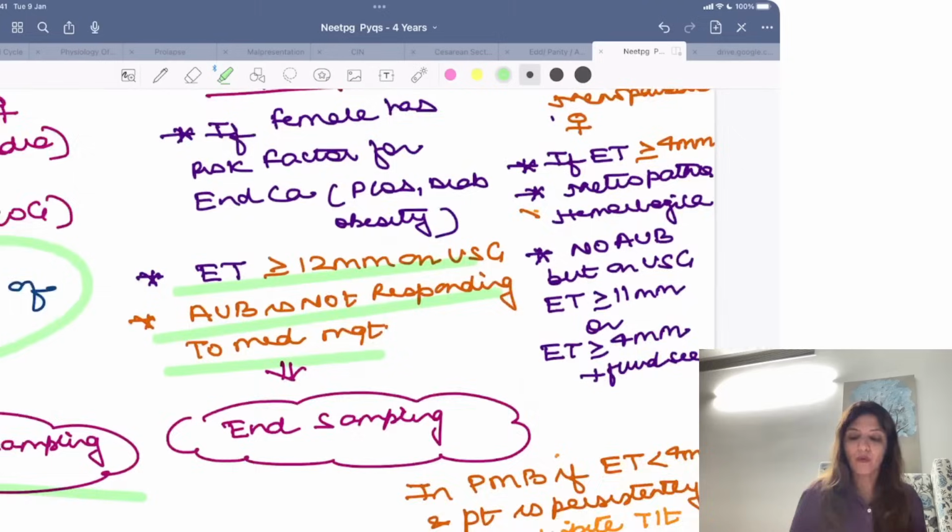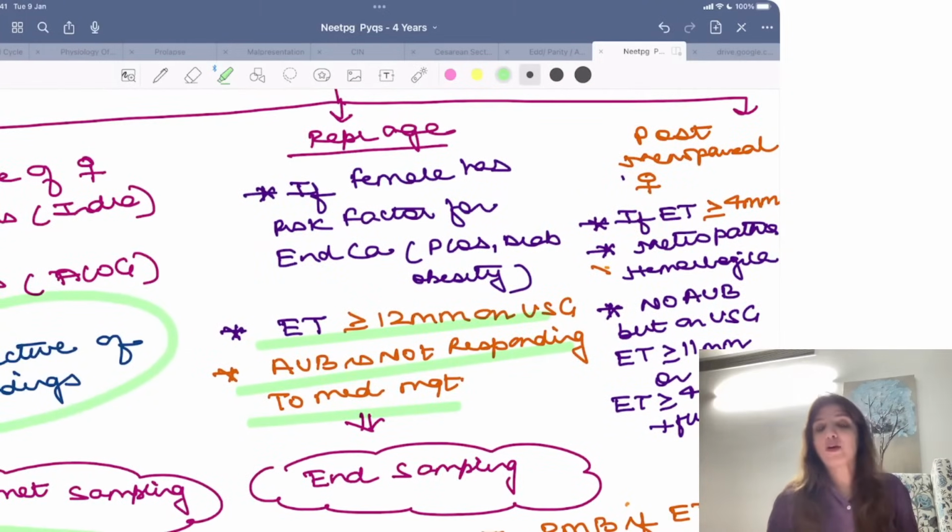Yes? Now, what do you do in postmenopausal females? In postmenopausal females, you are going to do endometrial sampling only if endometrial thickness is more than or equal to 4 millimeters. If your question says on ultrasound endometrial thickness is more than or equal to 4 millimeters, or if your question says that it is a case of metropathia hemorrhagica.